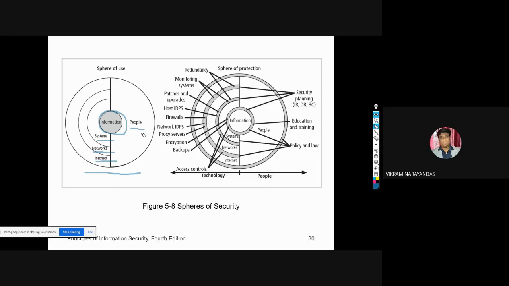The sphere of use shows how people can access this information. For example, people can read hard copies of documents and can also access the information through the systems. They can directly read the document in the form of a hard copy, or they can access it through the systems.